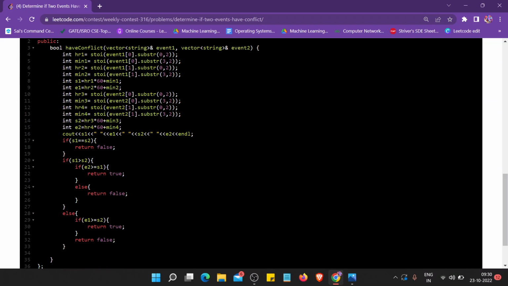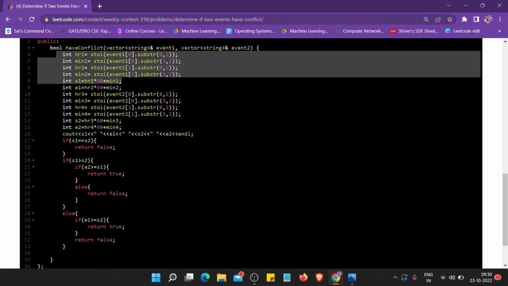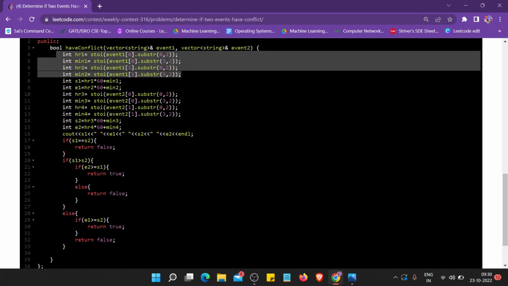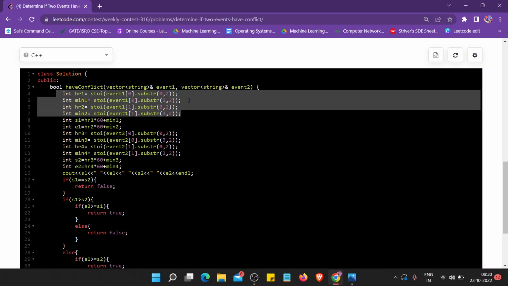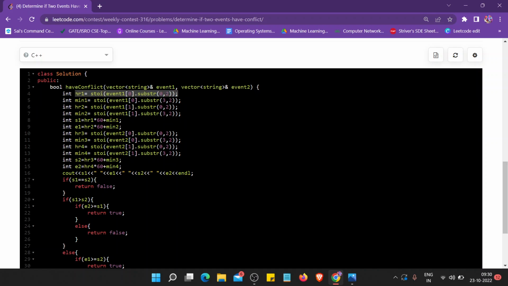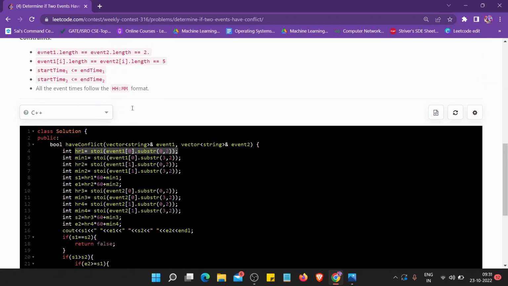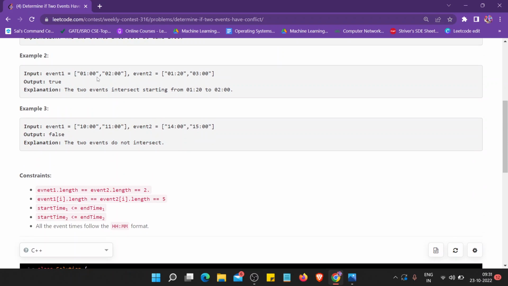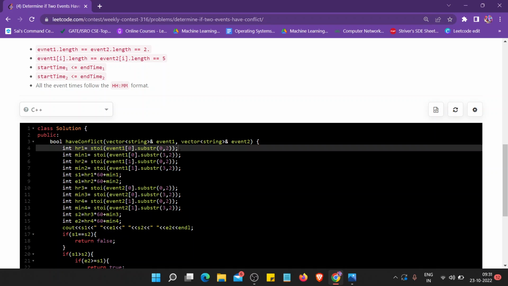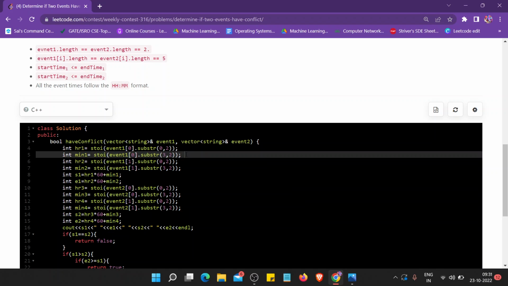Here, first, I have used stoi, string to integer, to convert the strings to integers. Like here, I have stored the first event's hour, like 1, in hour1, and then the minute is stored in minute1.